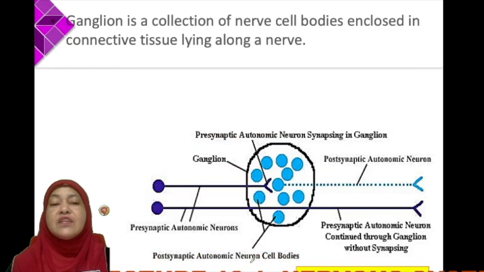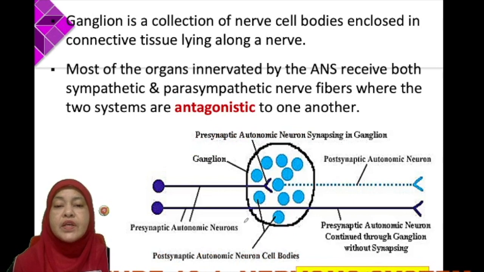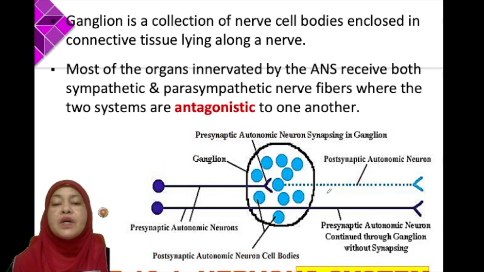From this diagram you can see the presynaptic autonomic neuron and the postsynaptic autonomic neuron. Organs innervated by the ANS receive both sympathetic and parasympathetic nerve fibers, where the two systems are antagonistic to one another.